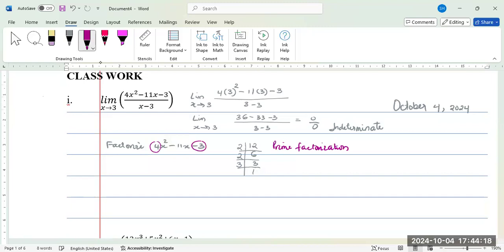And the constant term is that which stands alone. Therefore, what is the coefficient of x? In this case, -11. The coefficient of x is -11.